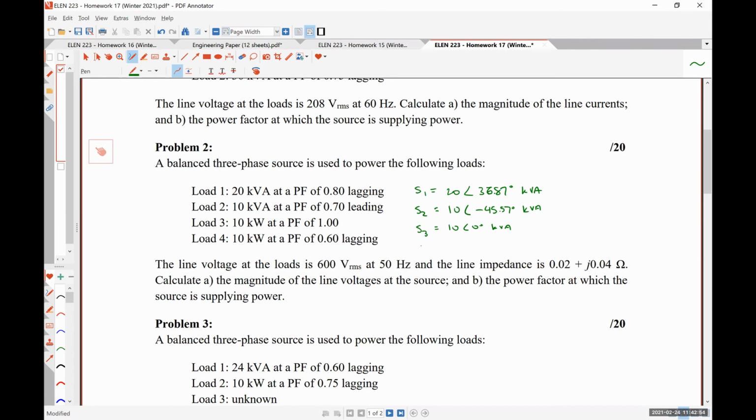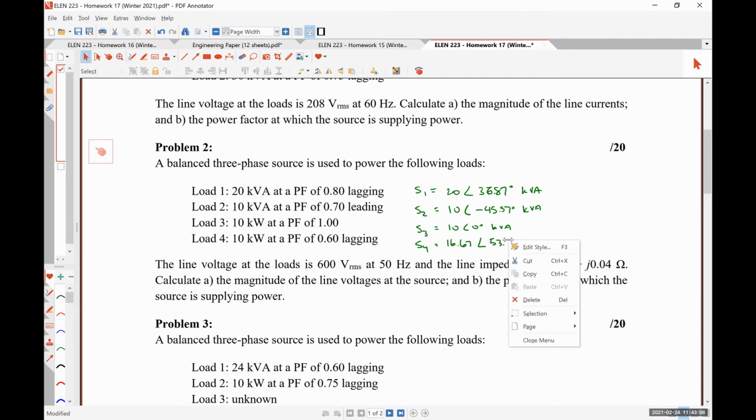And then finally for S4, we're going to have 10 over 0.6, with an angle of close to 53 degrees, kVA.